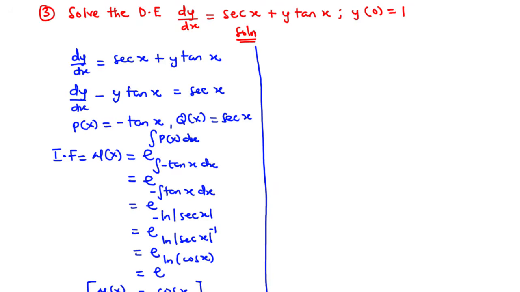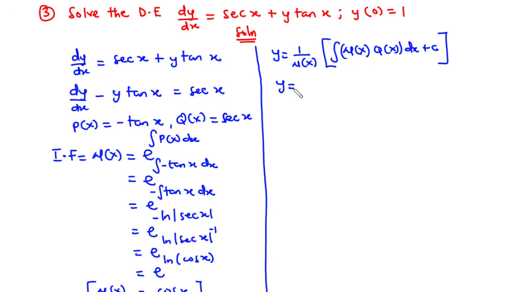So let's find the general solution. So we have y equals 1 over mu of x times the integral of mu of x times q of x dx plus c.